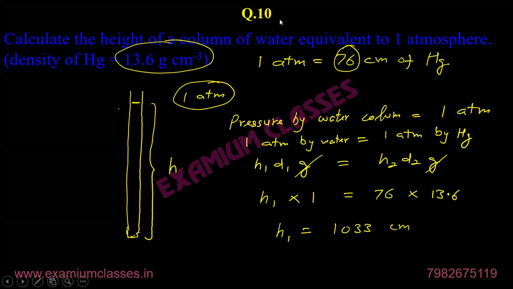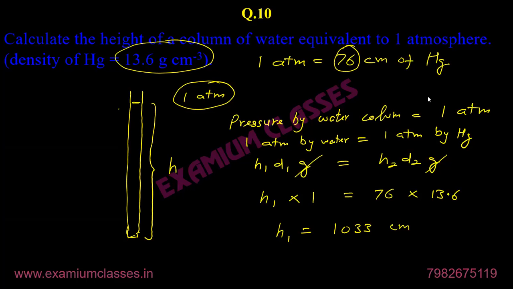So if we have a water column of 1033 centimeter, it will have the same pressure as 76 centimeter of mercury column. Both will have 1 atm pressure. Okay, correct. 1033.6, Shivangi, Ashi, correct. So the exact value will be 1033.6 centimeter.